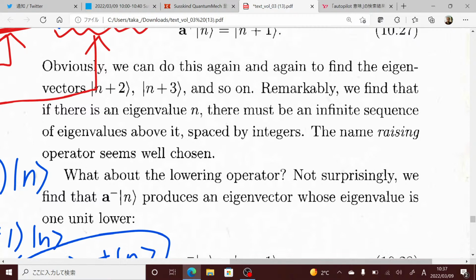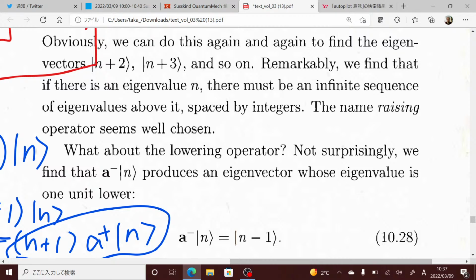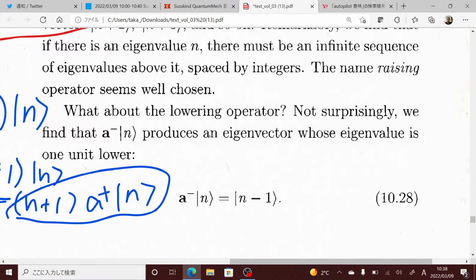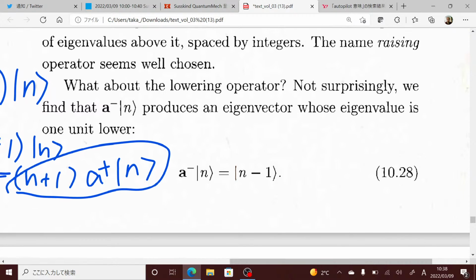Remarkably, we find that if there is an eigenvalue n, there must be an infinite sequence of eigenvalues above it, spaced by integers. The name raising operator seems very well chosen. What about a lowering operator?